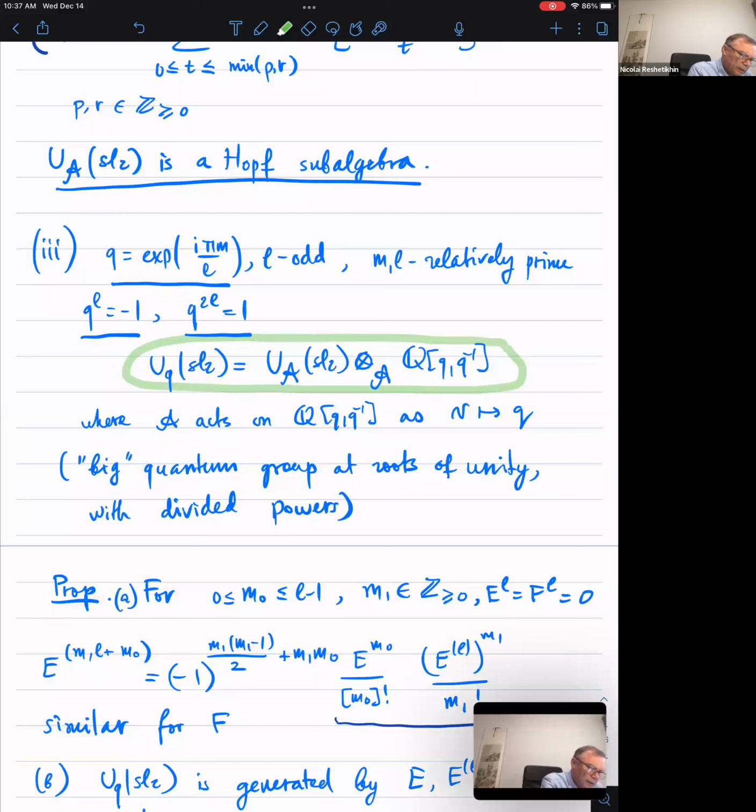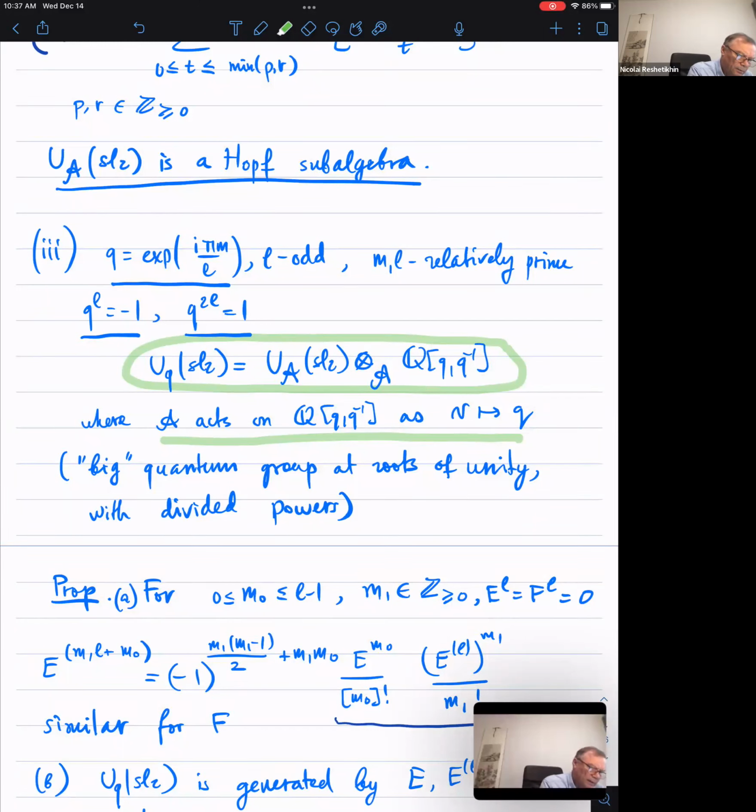So here A acts in the usual way by multiplication on U_A sl2, and it acts in this particular way. You specify v to q on the right.